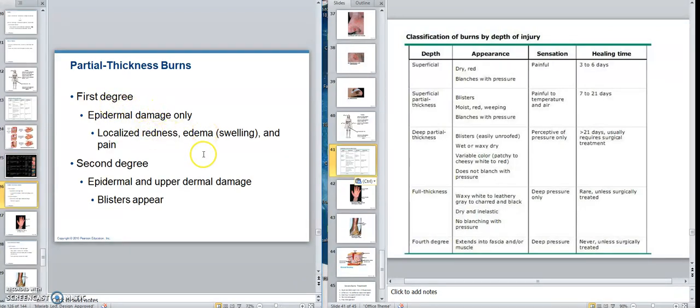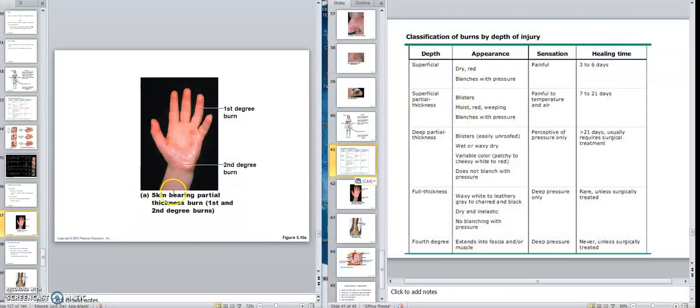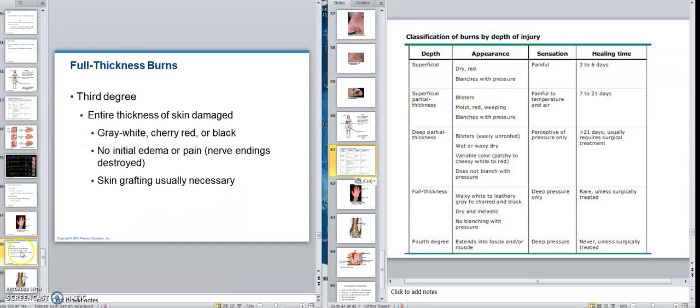Second degree epidermis and upper dermal damage. Okay, type of thing there. Right? See, here's a first degree and here's a second degree, which means partial thickness. Okay. Here's a third degree. That's all the way through.